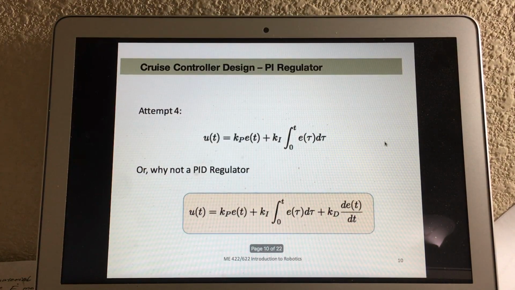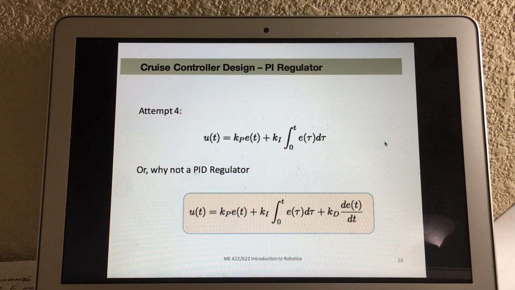And why don't we do a more generalized thing? Include another part, which is the derivative part, the D. This is what you probably have heard a lot. People call this PID regulator or PID controller. Instead of the last term here, you have another K, but also you have the error changing rate.